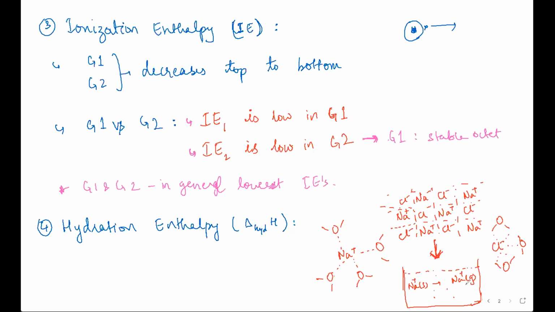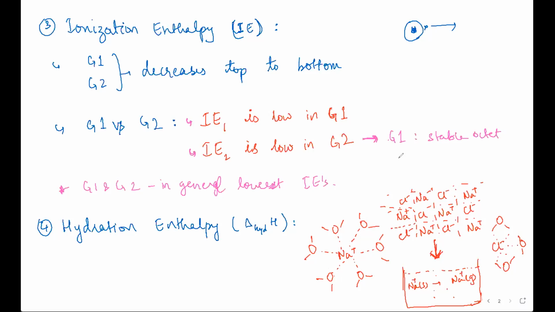Then once these ions are created, they get surrounded by water molecules because opposite charges attract. Water being polar, if you consider water as a dipole, the delta negative on the water molecule gets attracted to the cations. So immediately once each ion is free, it gets surrounded by water molecules.